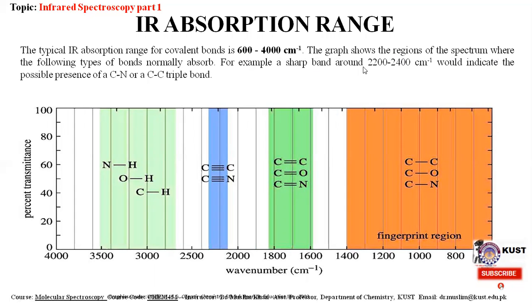For example, a sharp band around 2200 to 2400 would indicate the possible presence of a carbon-nitrogen bond, and a carbon-carbon triple bond also absorbs in this region, while nitrogen-hydrogen and oxygen-hydrogen bonds absorb in other regions. The region from 600 to 1400 is known as the fingerprint region in IR absorption spectroscopy.